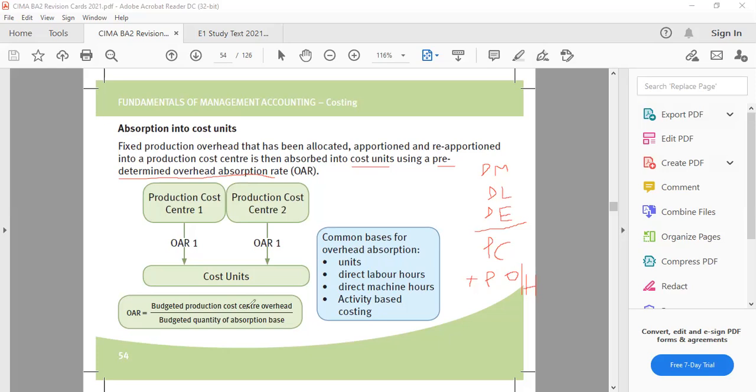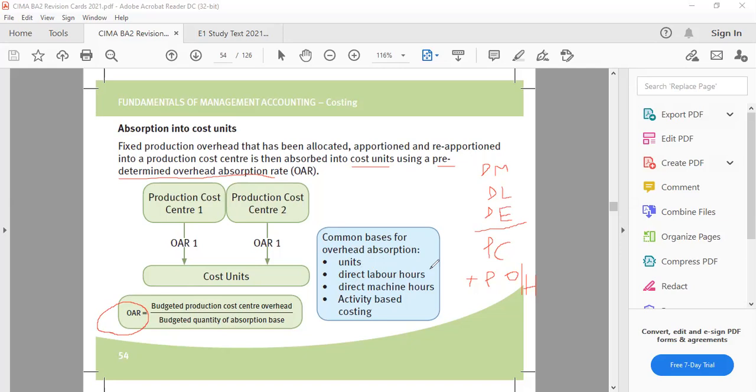For that reason, an overhead absorption rate is calculated. Overhead absorption rate is equal to budgeted production cost center overheads divided by some base of absorption. It could be the number of units or the direct labor hours. Mostly it is based on direct labor hours or cost, or something connected to direct labor.